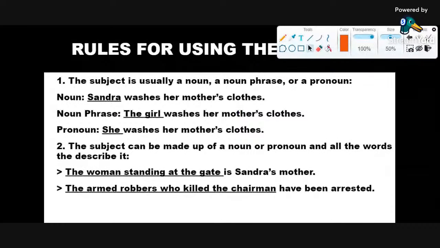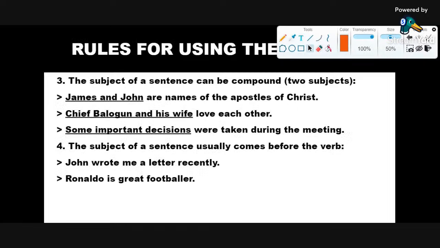Okay, so let's now look at other rules that we need to look at, more of the rules for using the subject.